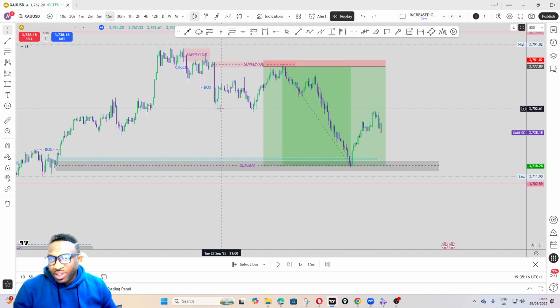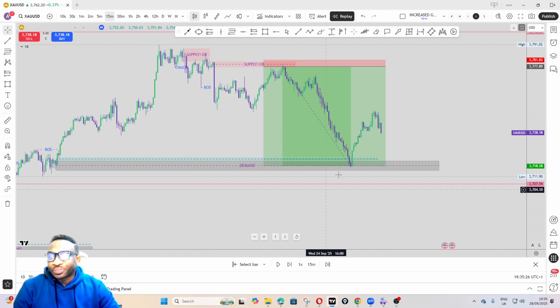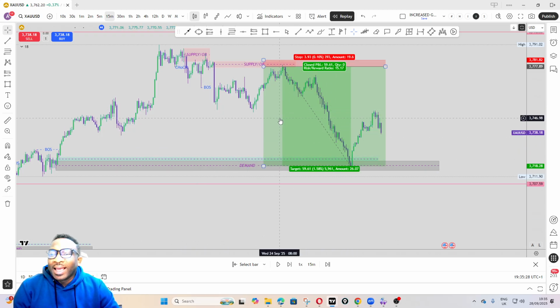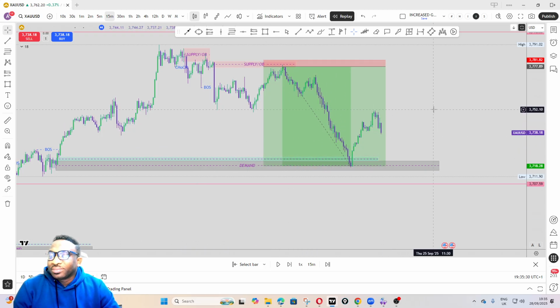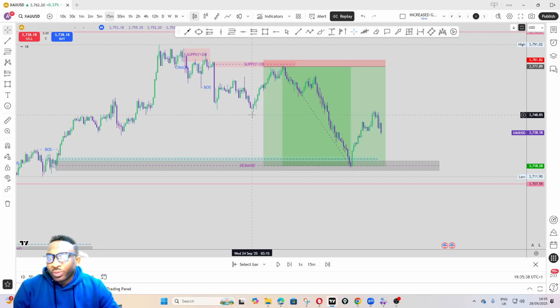From this you could get a very good trade entry, because normally that's the beginning of the move. So with this you could get into the trade early and then ride on as price makes its way up.